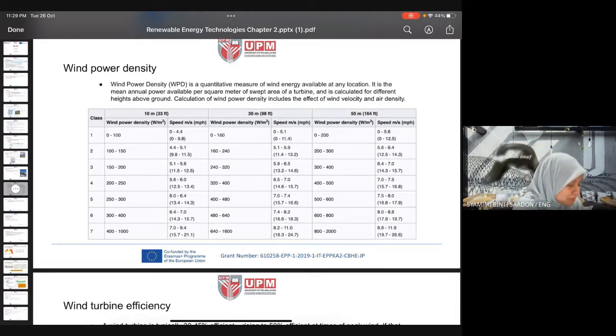At a higher altitude, 50 meters, we have of course more wind power density and higher speed. At higher altitude the wind speed is higher, and so of course the wind power density is higher.